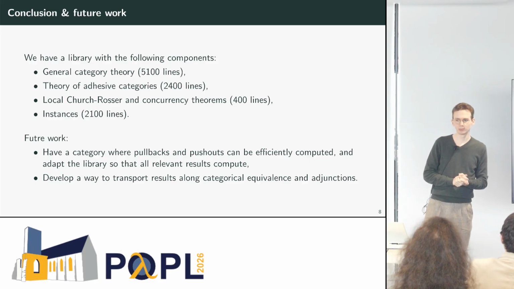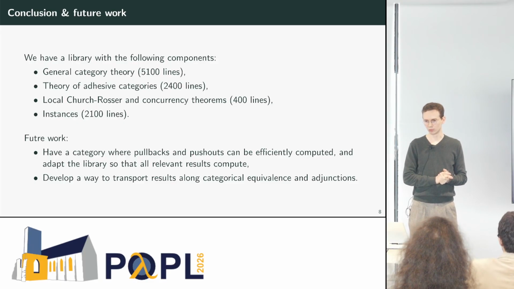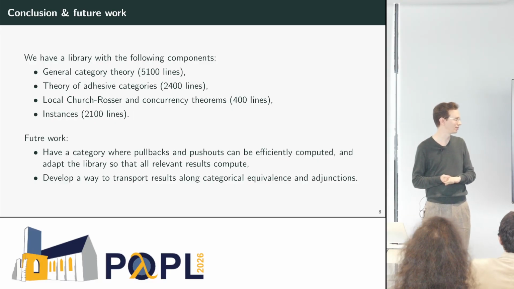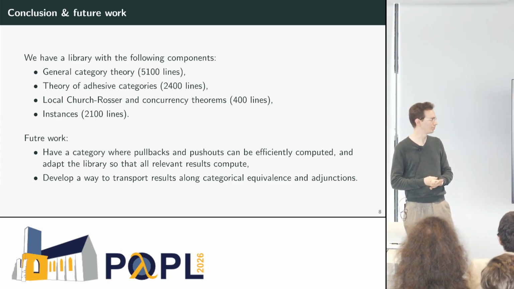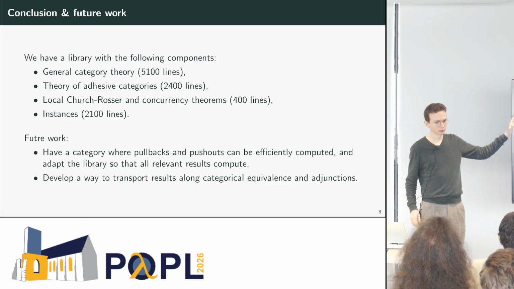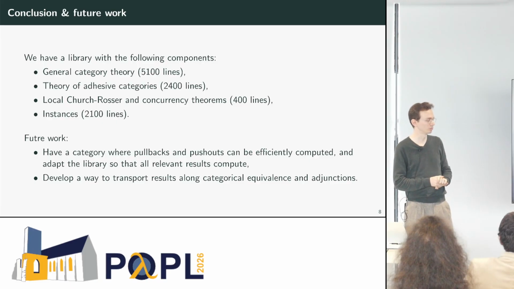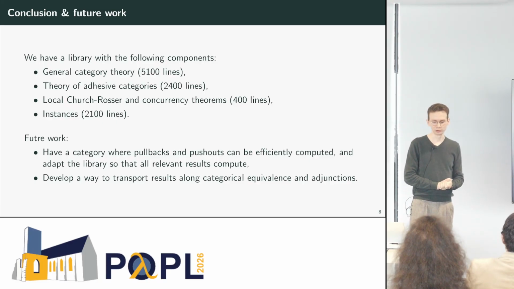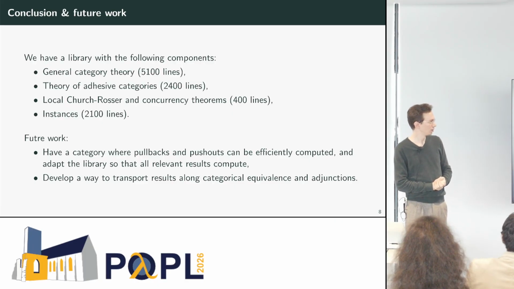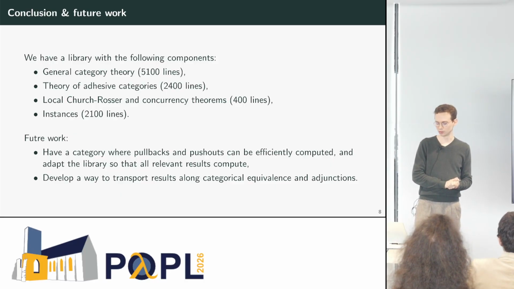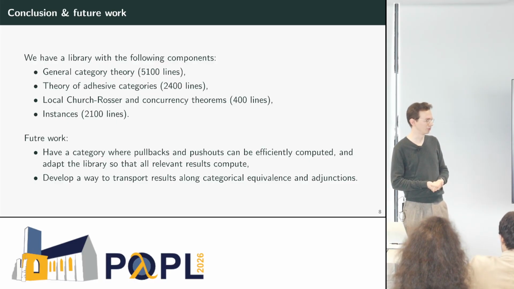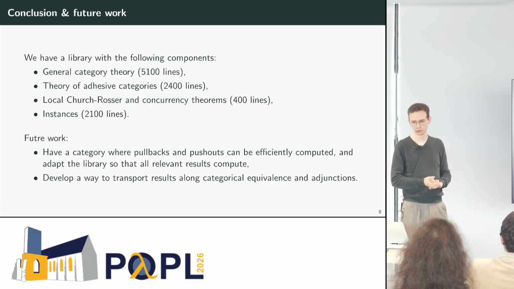For reference, on paper they take 1.5 and 2 pages respectively, with a lot of space dedicated to stating the required definitions to state the theorem. So 400 lines is pretty reasonable considering the size of the proofs and statements on paper. And finally, we have the instances that I just talked about, which is quite a large part of the code with more than 2,000 lines. So in total, the whole library is about 10,000 lines.